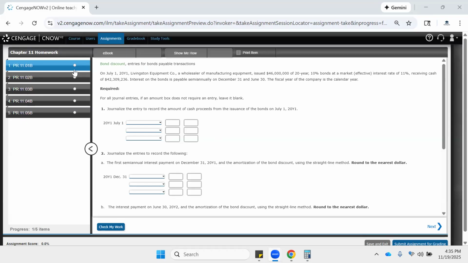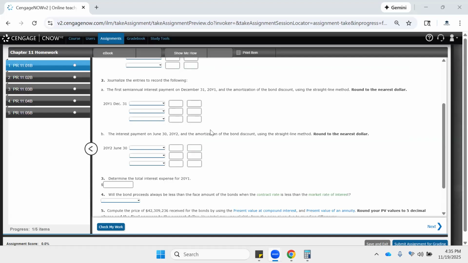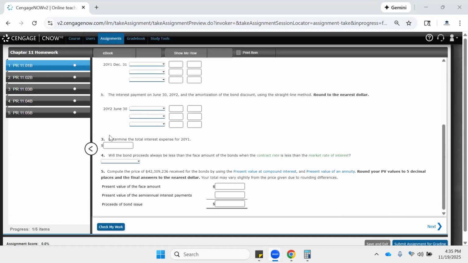Today we're going to be going over chapter 11, which is on bonds. And we are going to go over the journal entries for the initial issuance of a bond, the payment of the coupons, and determine the interest expense for the year. And then we're also going to compute the price received for the bonds.